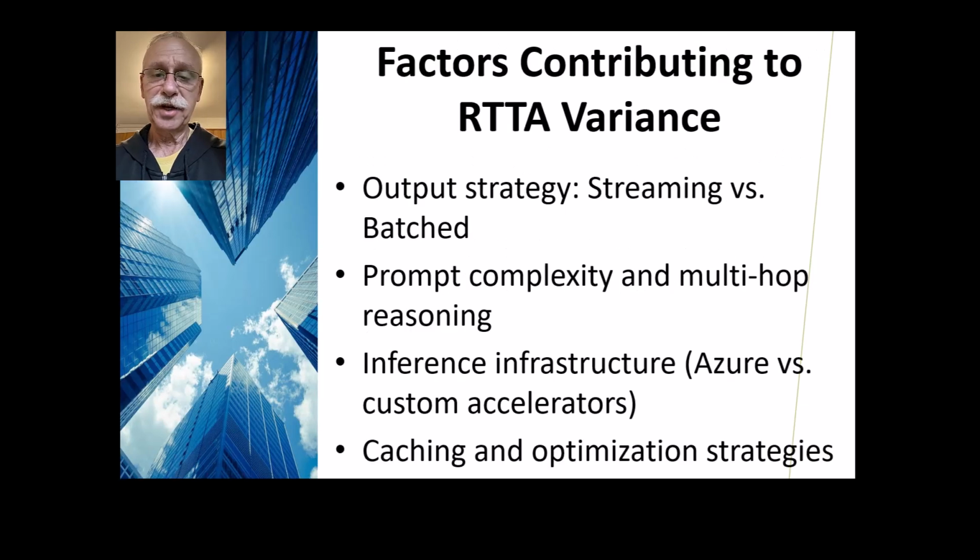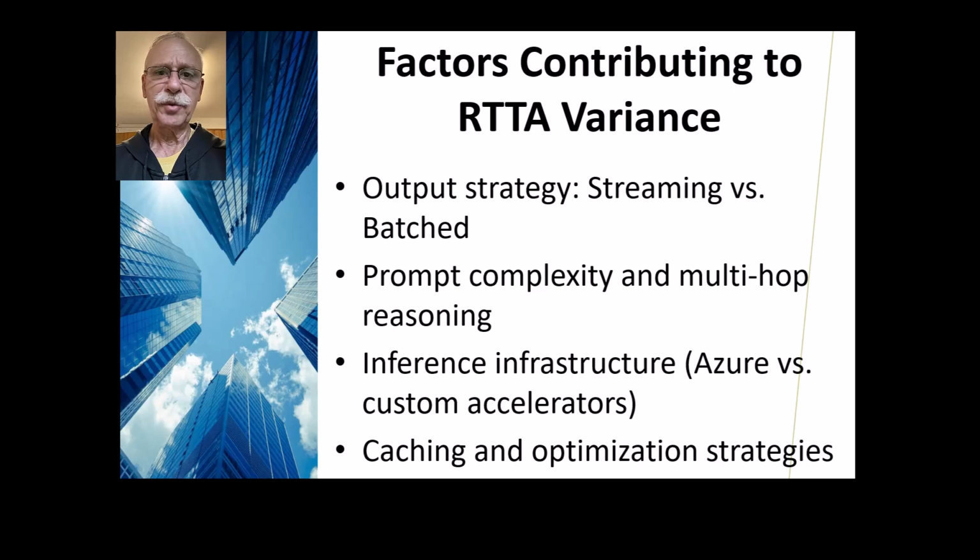So why do these variations occur? First, there's the output model, streaming versus batched. ChatGPT gives immediate visual feedback, while DeepSeek prepares full thoughts before sending anything. Second, there's prompt complexity sensitivity. Some models handle multi-hop reasoning or long context more efficiently. Third, there's hardware infrastructure.